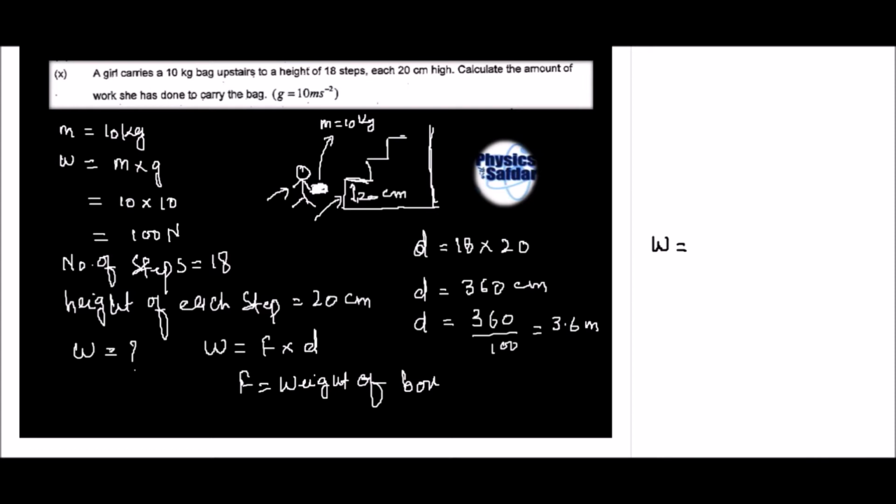Work done is equals to F times D. The force is equals to 100 Newton and D is 3.6. Multiply the numbers, then we get 360 with unit joule. That is the final answer.